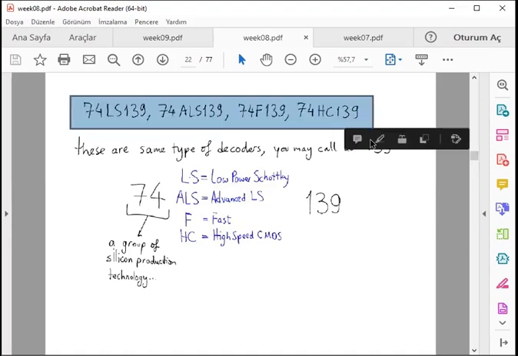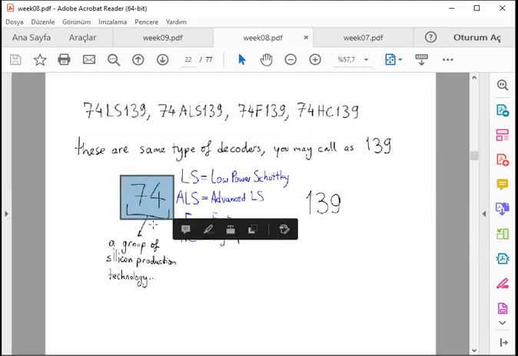Actually, those are some medium scale integrated or very simple logic gates formed with Boolean algebra or Karnaugh map type of things, with at least one input and one output.